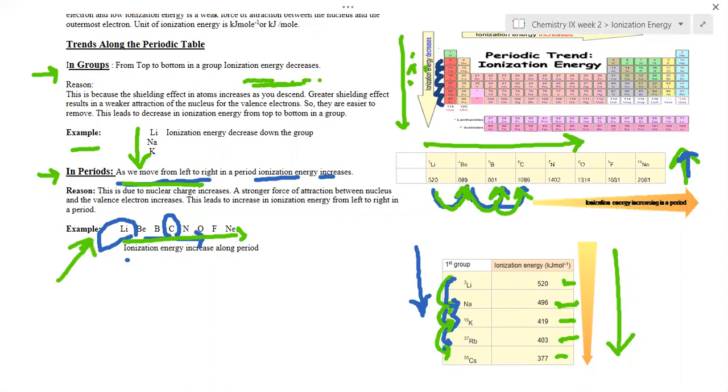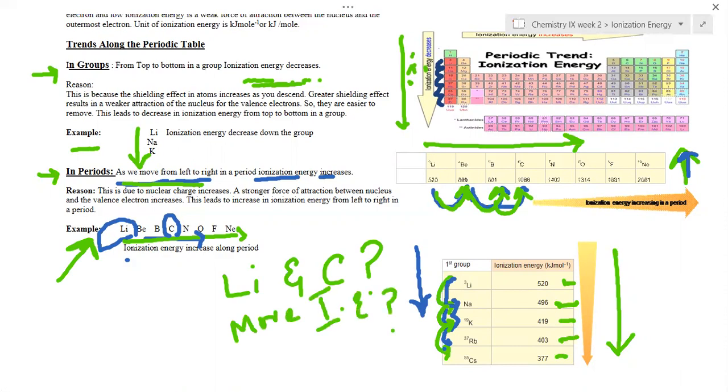So you may be asked to compare the ionization energies of any two, for example, lithium and carbon. You can be asked which one of them has more ionization energy. The very first point of your answer should be the answer itself: carbon is going to have more ionization energy.